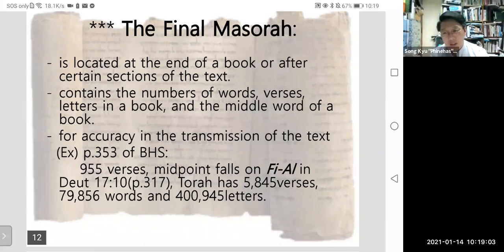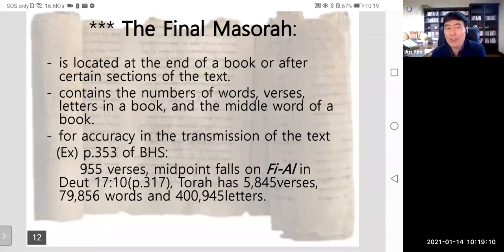I'm sorry, I couldn't really understand your question. Probably you can ask me this question later, individually, perhaps we can communicate better in Korean. So I will let you know. But anyway, the significance of the final Masora is that it provides a statistics of words, so that we can preserve the Bible in a good way.